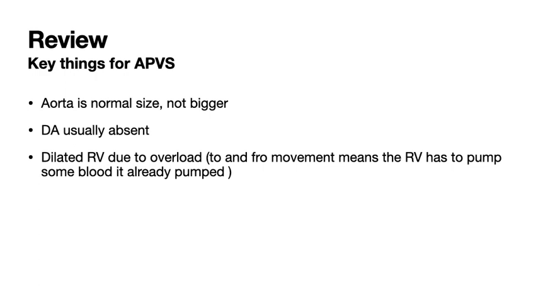All right. So the key things for absent pulmonary valve syndrome is the aorta is normal size. It's not bigger. Remember all the other ones, most of the flow was directed to the aorta and it was bigger.